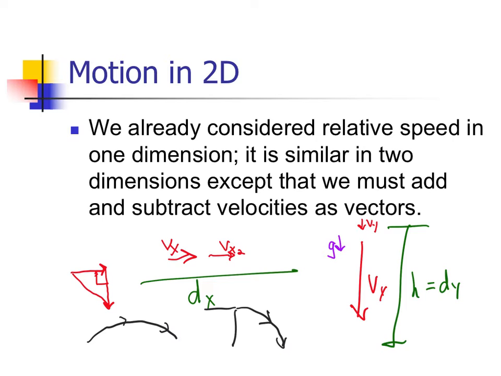Okay? So we can't forget how to solve for those horizontal or vertical components, adding and subtracting them based on their vectors as we need to. But now we're going to take them and combine them together.